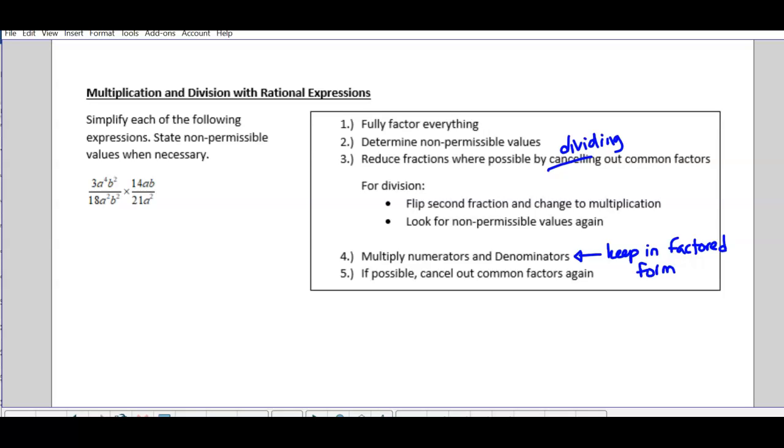Okay, so the first one: simplify each and state non-permissible values. These are all monomials, so it's kind of like dealing with the numbers. 3 goes into itself once, into 18 6 times. 7 goes into 14 twice, into 21 3 times. I can divide out the 2 as well, if you can see that. So basically it's 1 over 9 right now. Let's see about our variables.